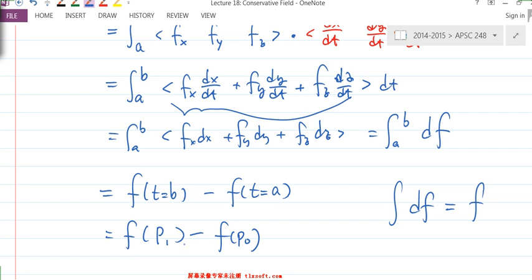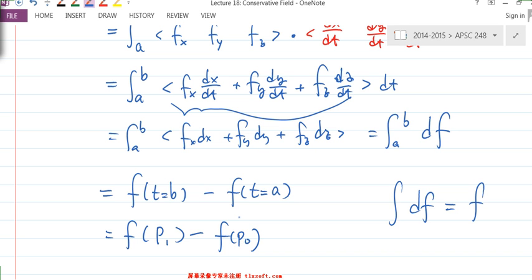So if you have the function f, a function of x, y, z, then all you need to do is plug in the coordinates of P1. You get the scalar value. Subtract the same operation by substituting the coordinates of P0. You get another value.